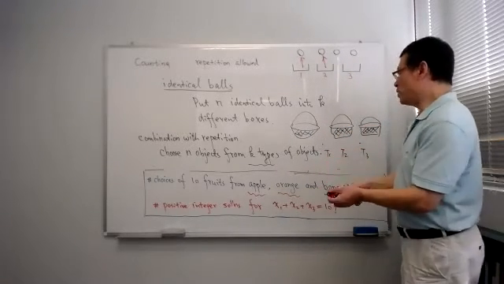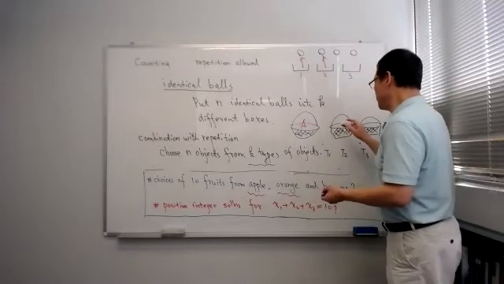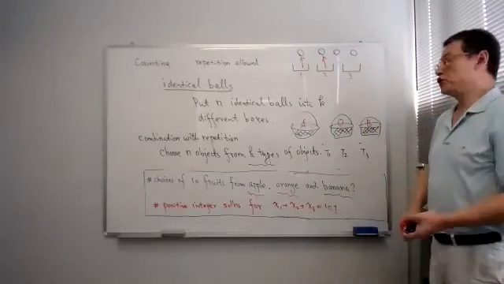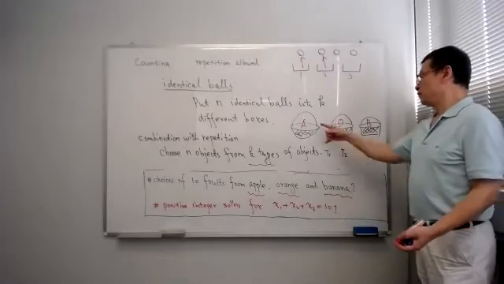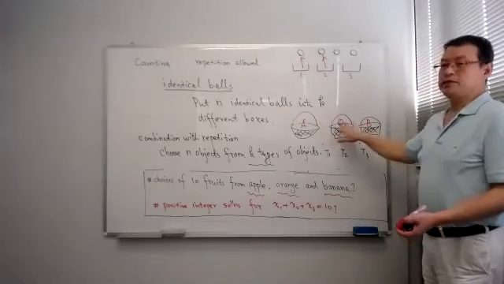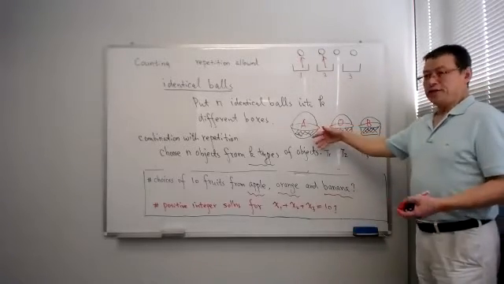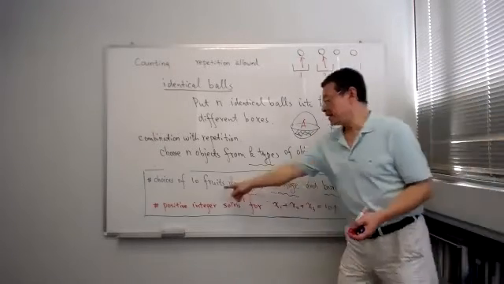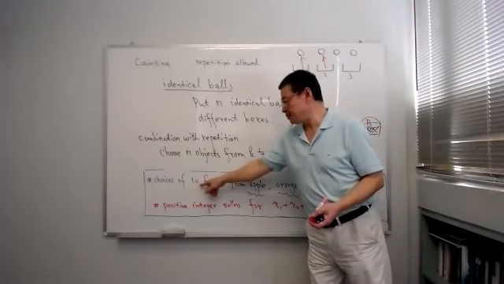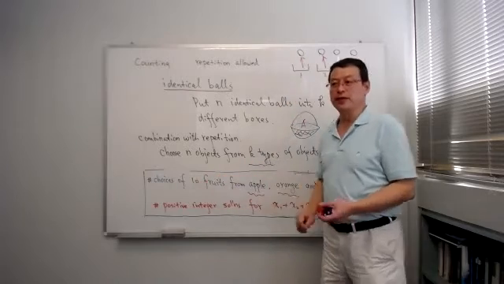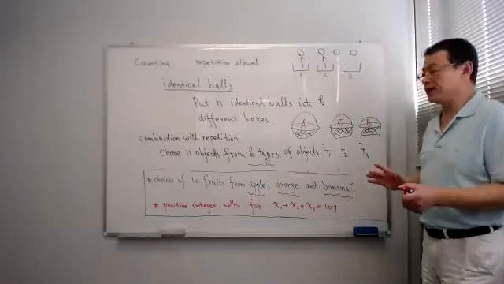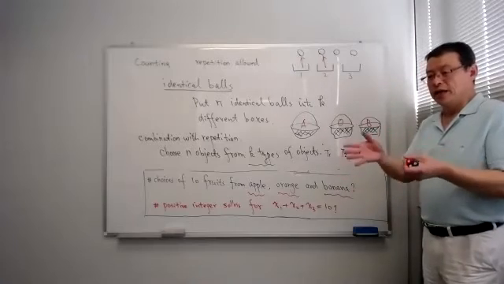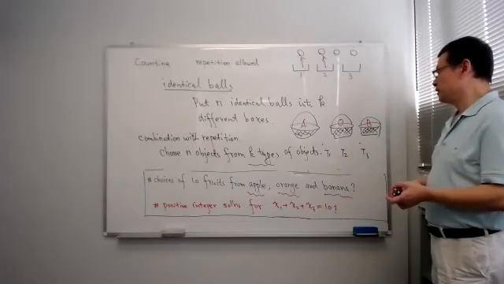Here I have apple, here's orange, and here's banana. Now I want you to choose 10 fruits from these baskets. The assumption is each basket contains at least 10 pieces for each type. Otherwise, it's more complicated. It can be partly the same idea, but you have to consider a few cases.